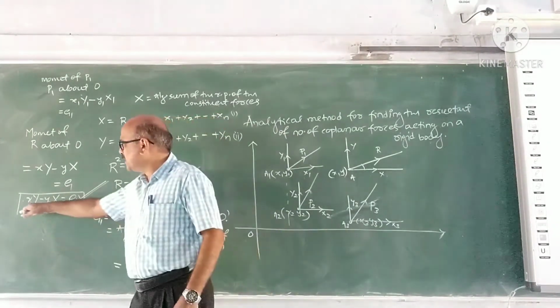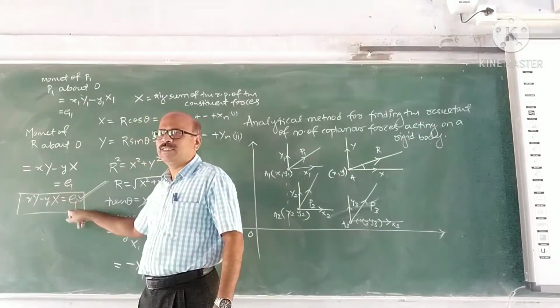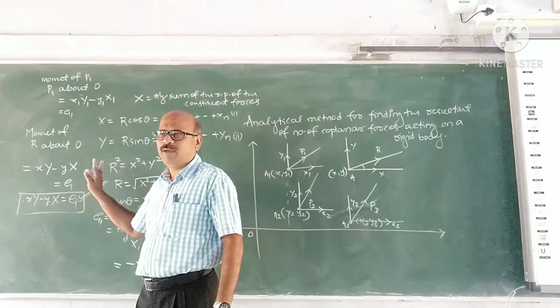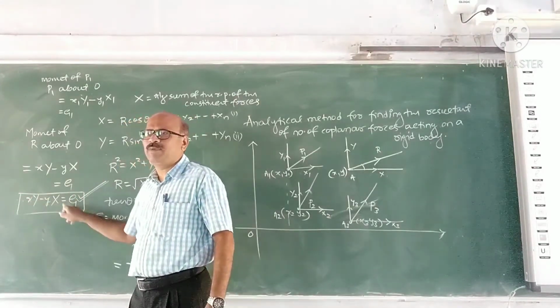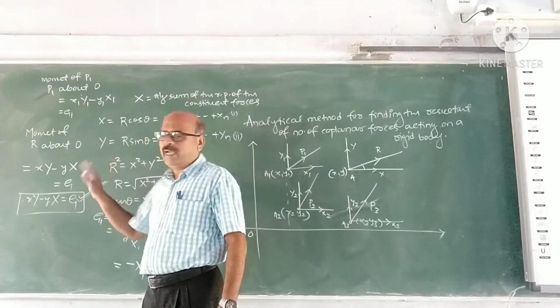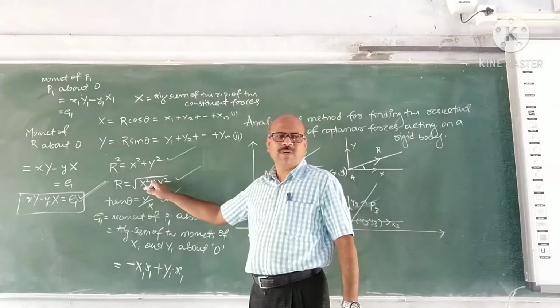Then, what is the line of action of the resultant? xY minus yX is equal to G. We take this as a formula. Here, everything is known. Capital X is known, capital Y is known, capital G is known. The resultant R is root of X square plus Y square.